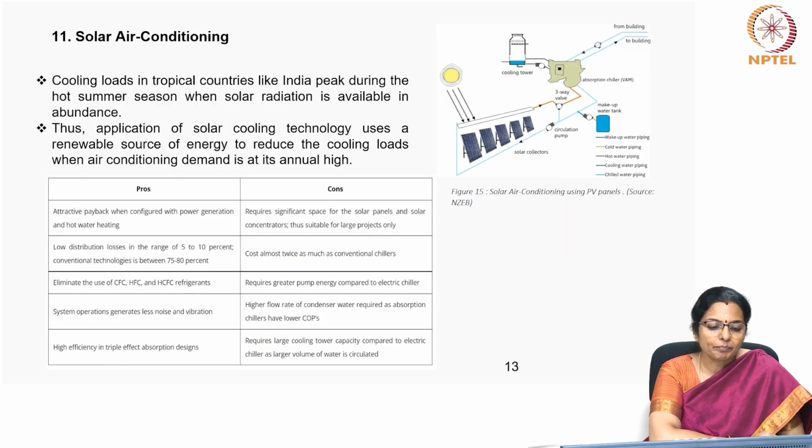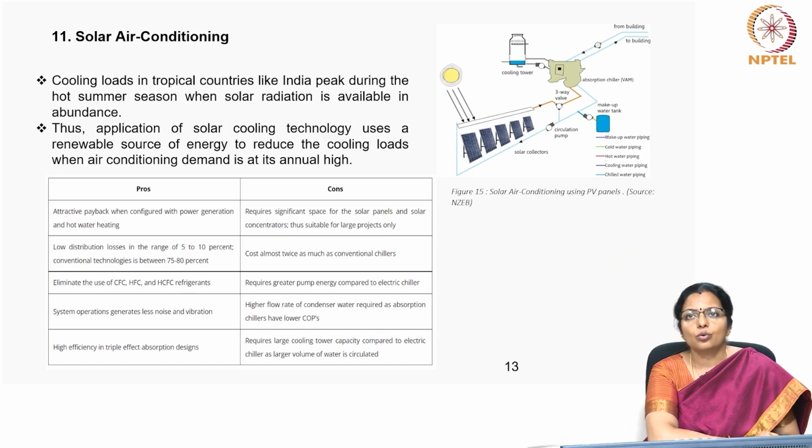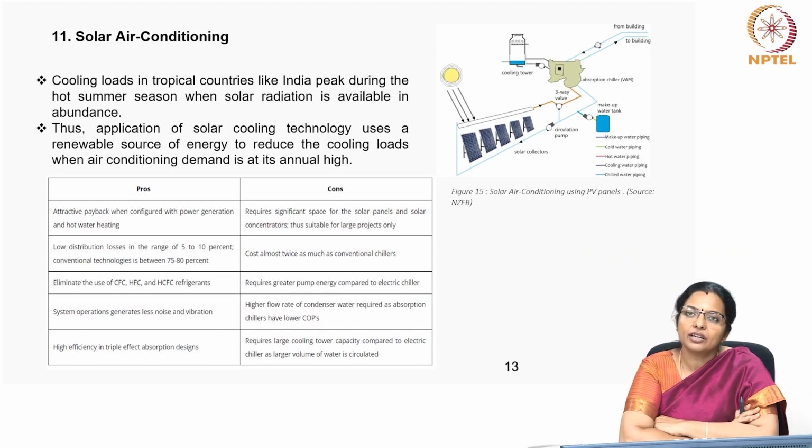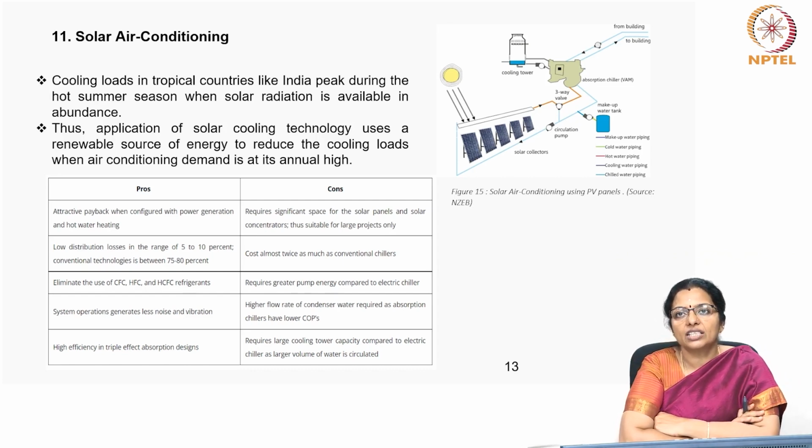Then we will see the solar air conditioning. So, cooling loads in tropical countries like India peak during say April or May, which are hot summer season, and solar radiation is available in abundance.